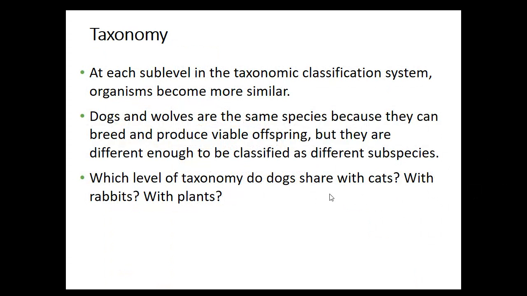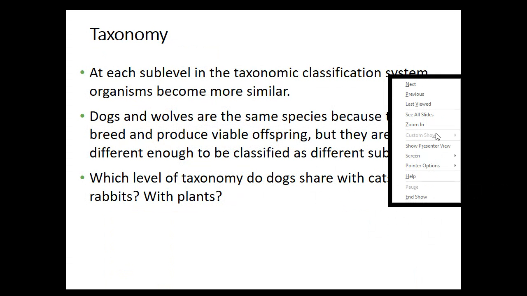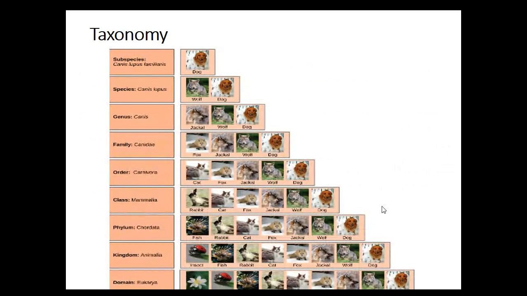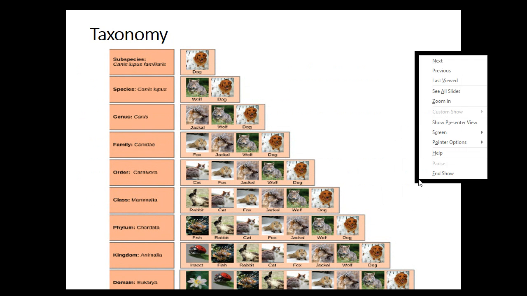Which level of taxonomy do dogs share with rabbits? They're both mammals. Dogs and rabbits are both mammals, but they're not both carnivores. Dogs are carnivores, but rabbits aren't. So dogs and rabbits are in these groups together, but not in the lower ones. You get the picture.